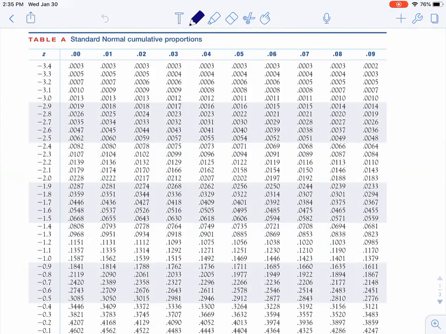You have to be careful, your eyes will play tricks on you. But it still works. Join these up and you'll land on 0.0571. That tells you the area to the left of a Z of negative 1.58 is 0.0571.